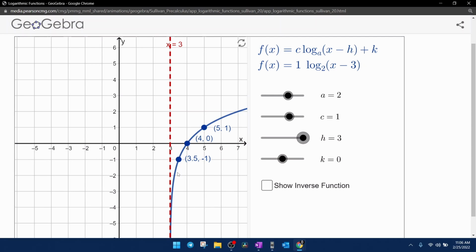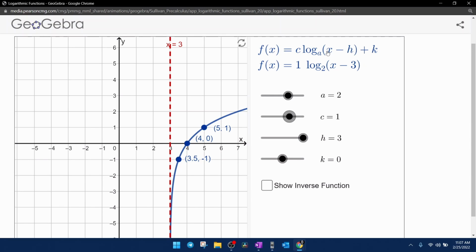So if the function opens up to the right, then the domain is going to be everything from the vertical asymptote to infinity. There are some cases where the graph will open up to the left, and if you are wondering what would cause that, it would be a negative directly in front of the x.